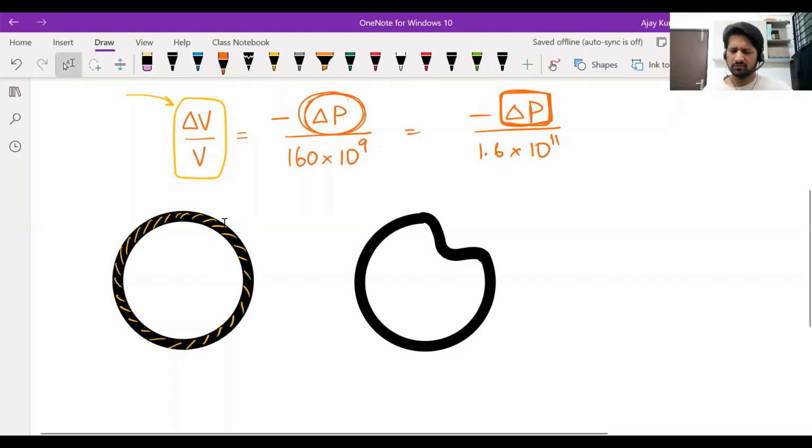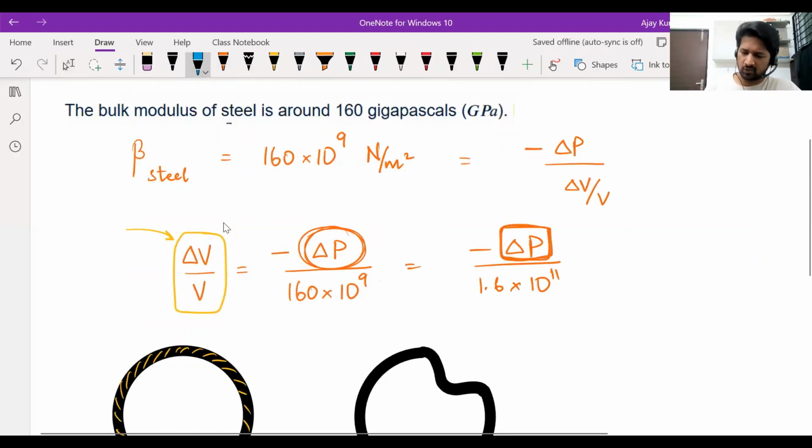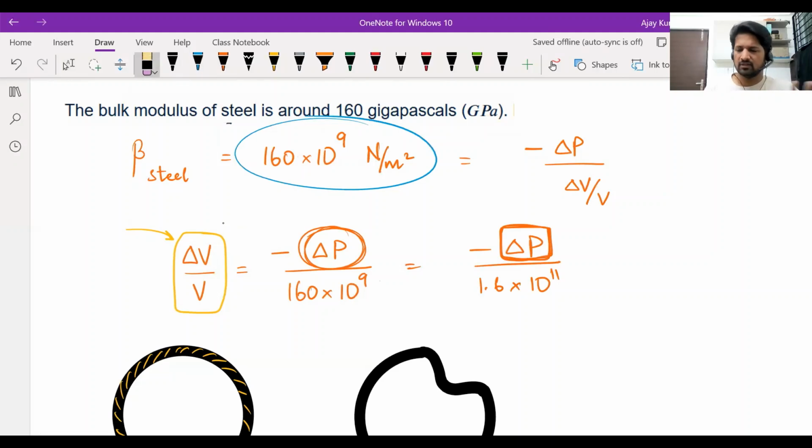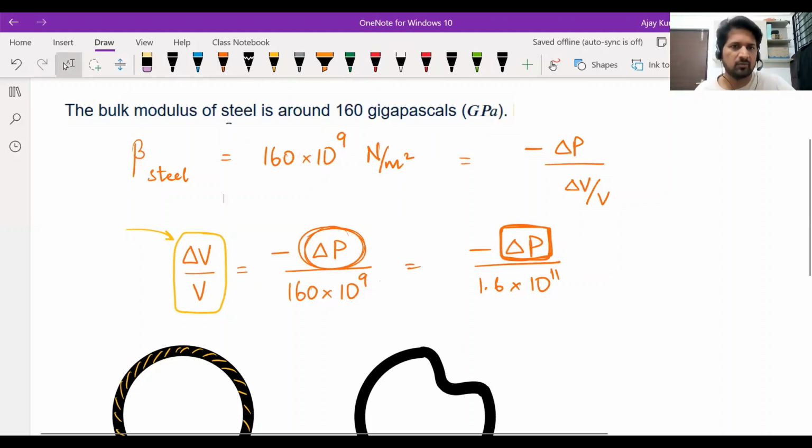Well, not every material has such a high bulk modulus. So not every material requires that much pressure to be compressed. For example, rubber. Rubber is very easy to compress. Let me check the bulk modulus of rubber. 9.8 into 10 power 8 Newton per square meter.